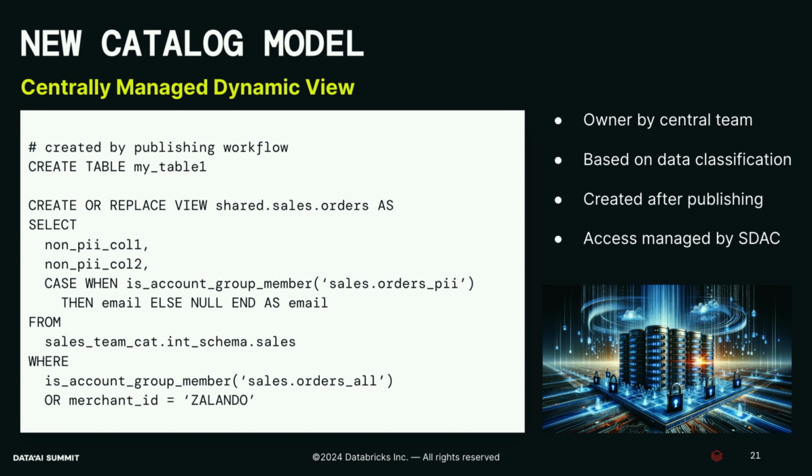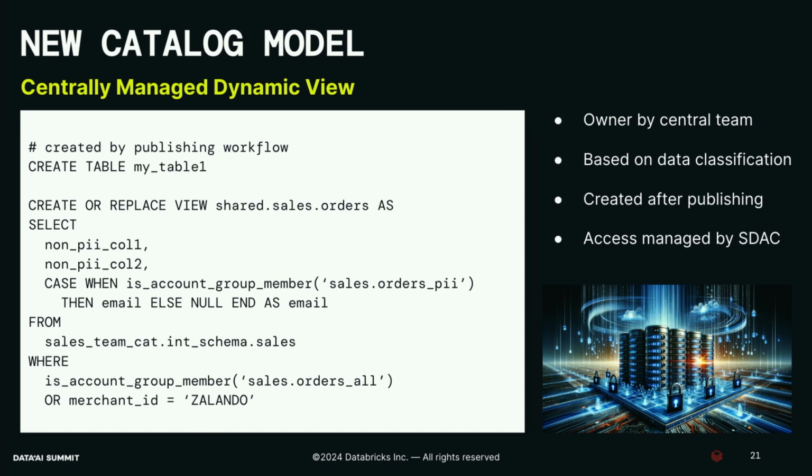All the members of the sales orders all group can read all the rows. Otherwise, there will be a filter on a certain column. In this case, for example, the merchant ID is Zalando, which means these are only Zalando wholesale orders. No partner sales data is included, because only certain people can see all the partner orders as well.